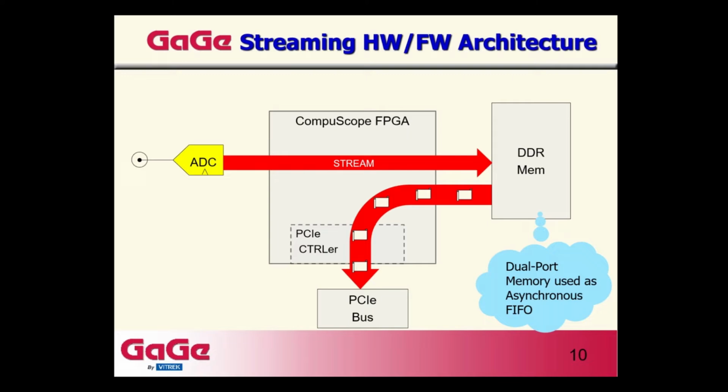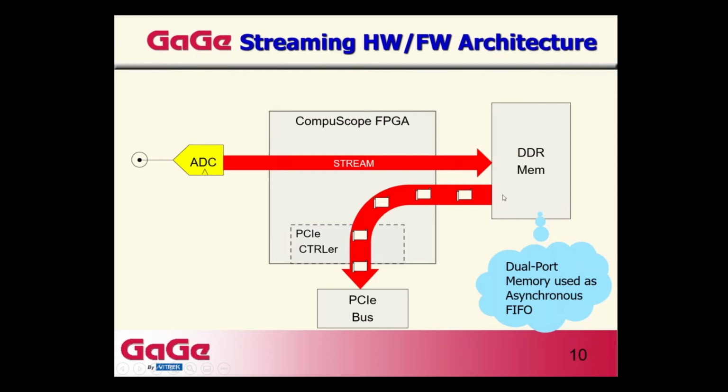So indeed, the stream is created by the ADC, the analog to digital converter chip on the digitizer card. The stream goes through the FPGA and into the card's onboard DDR memory. And this memory is dual ported, meaning you can write to it and read from it at the same time, which doesn't occur in memory mode. In memory mode, you're only doing one or the other.